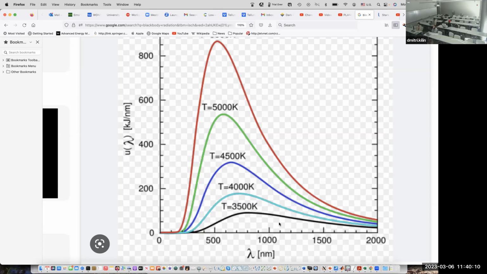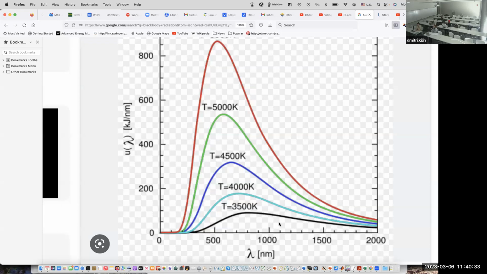No, it will take too much time. So if we look at the position of the peak, we see that as temperature decreases, it moves more and more to the infrared, right? Or if you increase the temperature, it goes from infrared and red more to the UV.